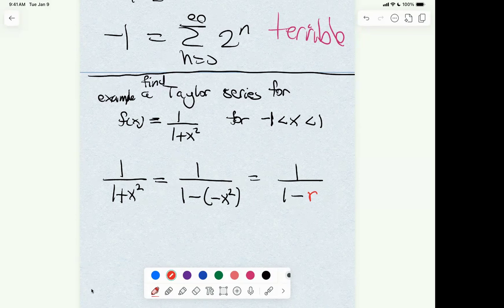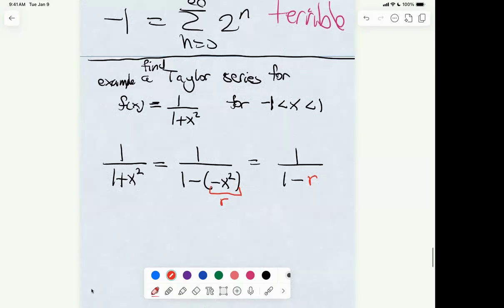So this is 1/1 minus r, and this is a geometric series for r, the regular geometric series, like the one I just wrote for 1/1 minus x. You just have to think about the letters, right?